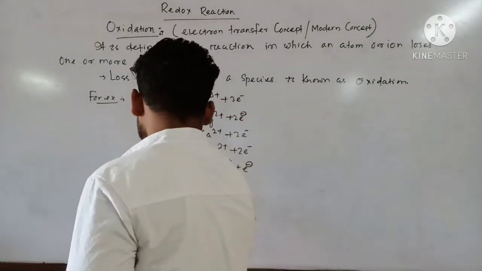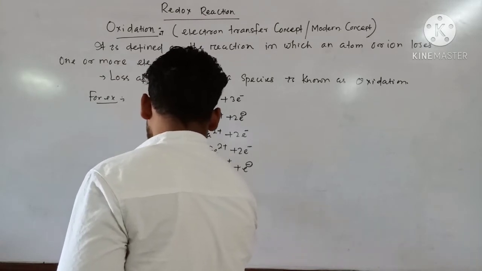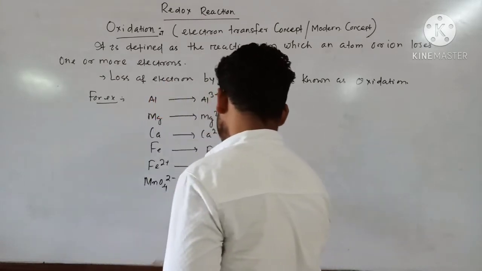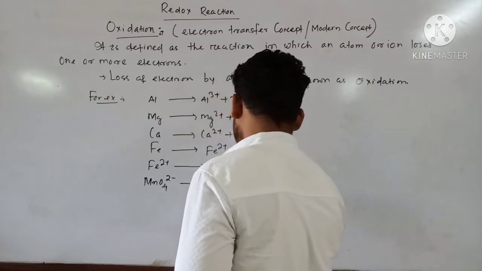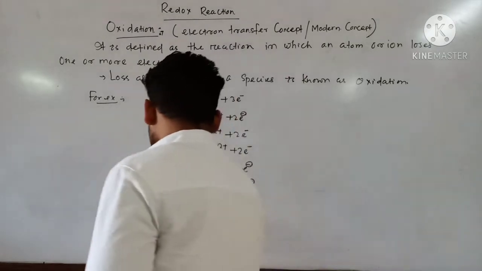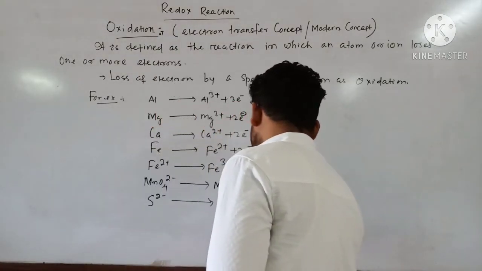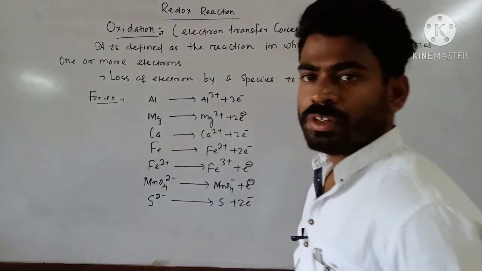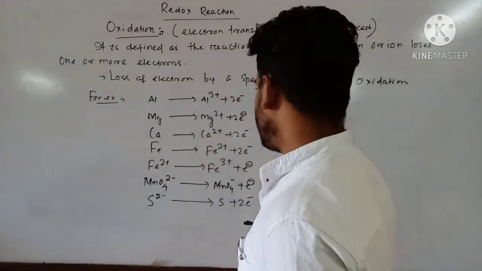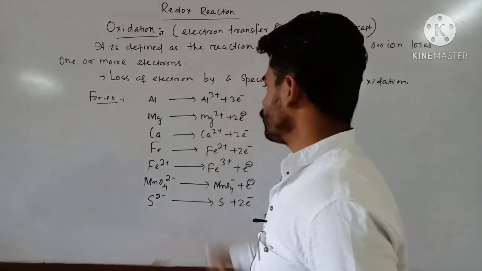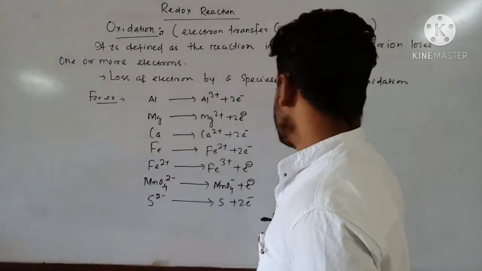Clear? Like that, MnO4 2- gets converted into MnO4- by the loss of 1 electron. S2- gets converted into sulfur by loss of 2 electrons. So in all these processes you see every step involves the loss of electron. So that is called oxidation. Is that clear?